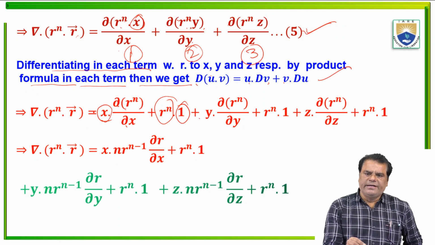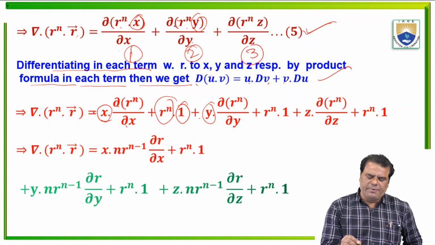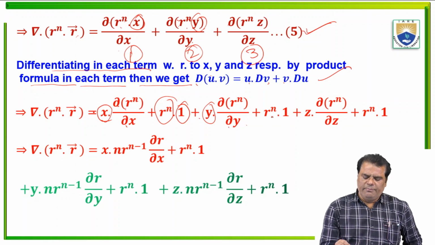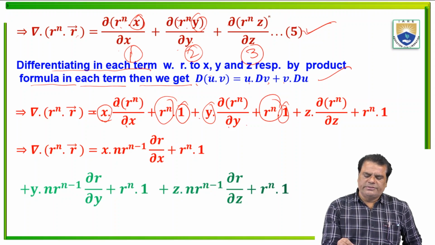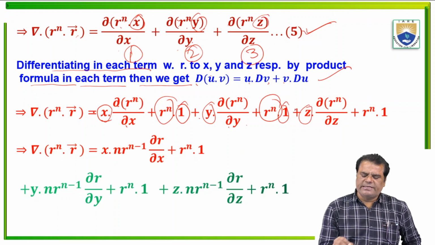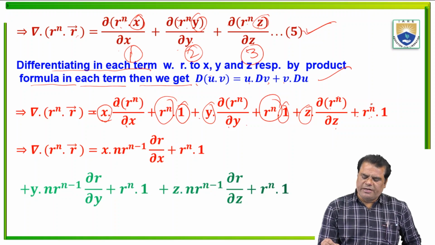Plus, the next second term: y is constant, differentiation of r to the power n with respect to y, and plus r to the power n constant, differentiation of y with respect to y, that is 1. Plus, in the third term the second function is z, so z is constant, differentiation of the first function r to the power n with respect to z, and plus r to the power n constant, differentiation of the second function z with respect to z is 1.